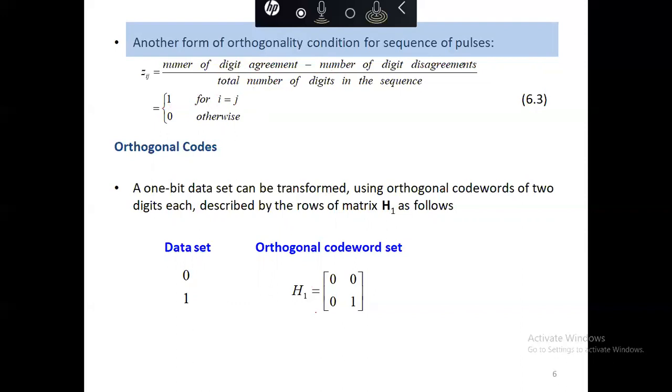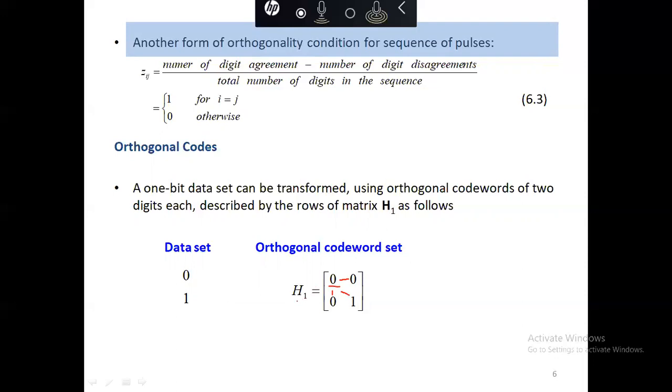Now we learn how we generate the orthogonal codes. We use the Hadamard matrix. The Hadamard matrix principle is that you start with a seed of 0 and you replicate it horizontally and vertically with the same bit and invert the bit in the diagonal direction.